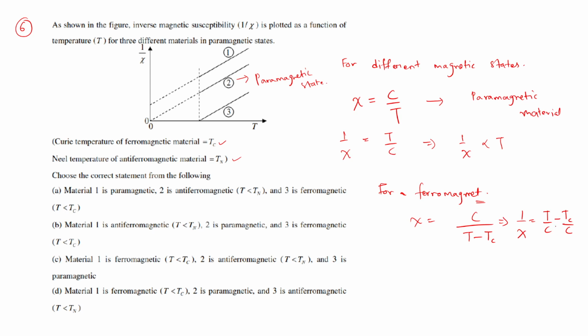You see here, 1 over chi, if you plot on the y-axis and T on the x-axis, then you have an intercept which is negative, which will intersect the y-axis on the negative side. Okay, and you see, this particular curve is intersecting in this negative axis. So the intercept is basically negative, and that is happening for a ferromagnet. So this should correspond to a ferromagnetic state.